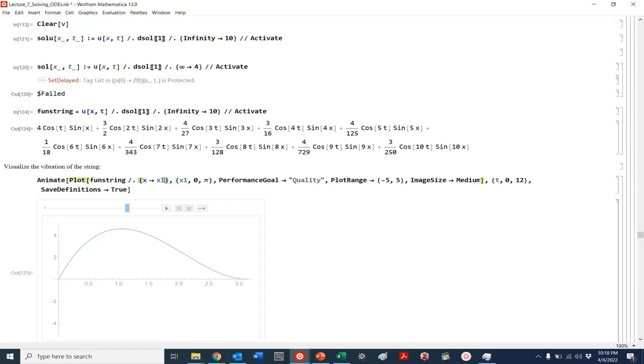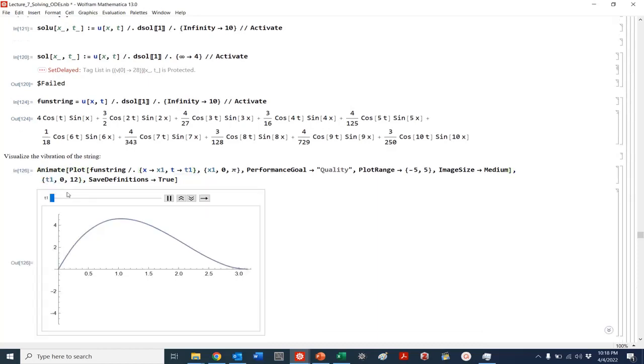And then t goes to t1, and then we can look at some of these values.